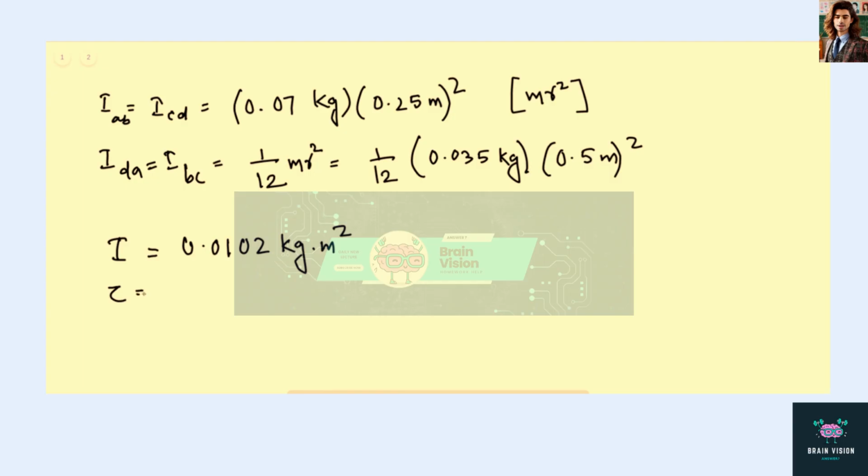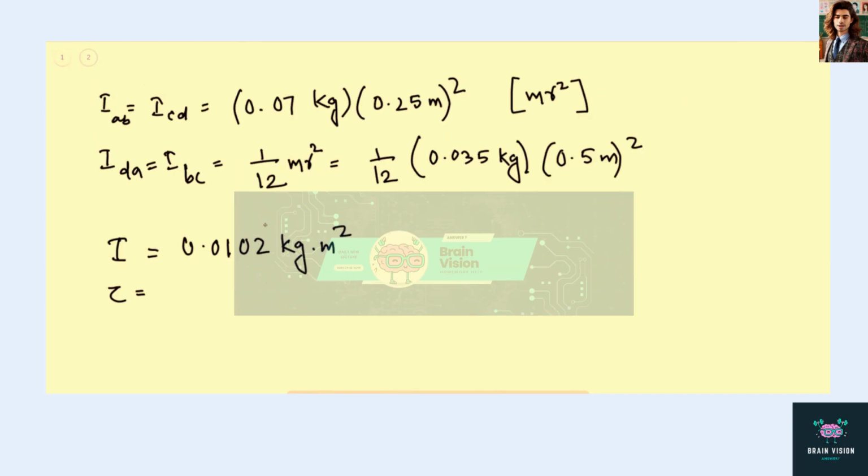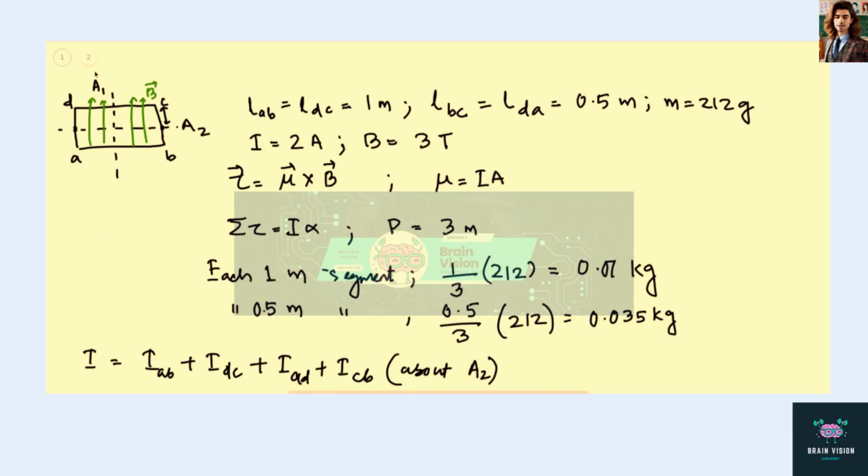Now we can find the torque. Using the equation from here, torque is I A B times sine phi, which comes from the cross product.